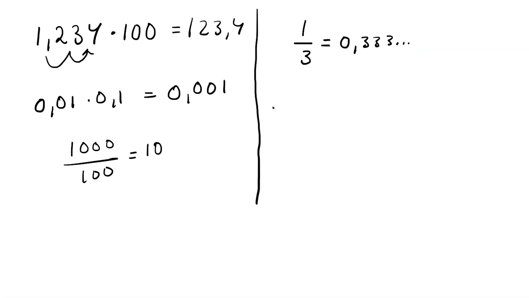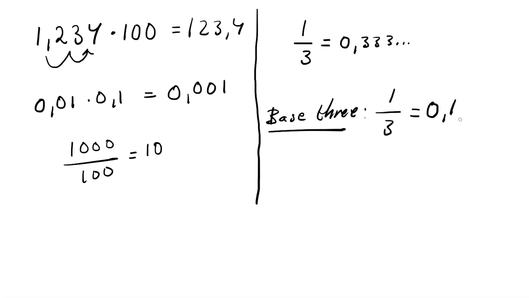But if we would have instead calculated in base 3, then 1/3 in base 3 would have been written 0.1. Only a finite number of decimals. We haven't really talked about decimal numbers yet, but things like that will happen.